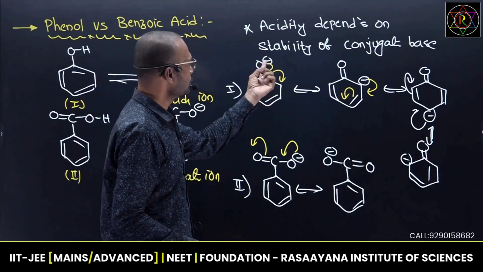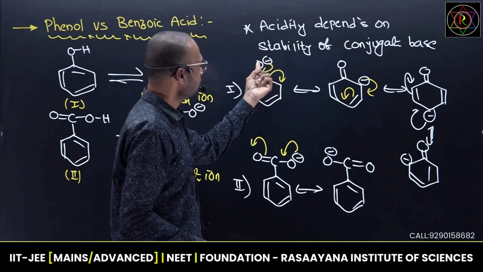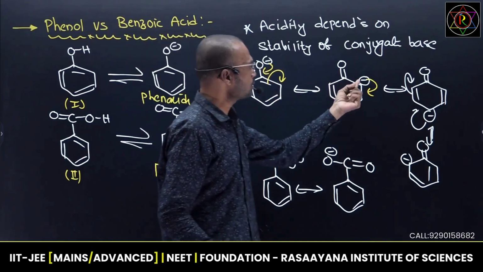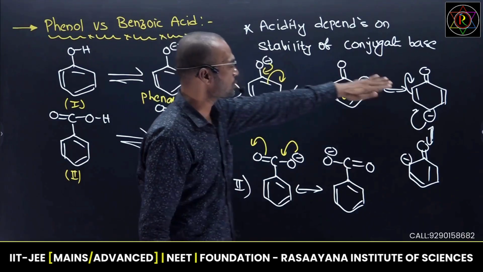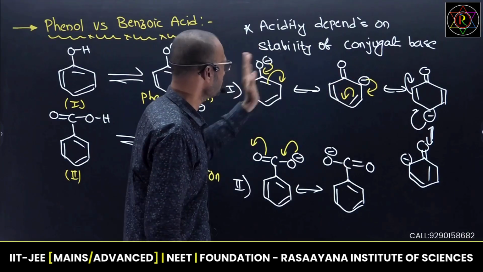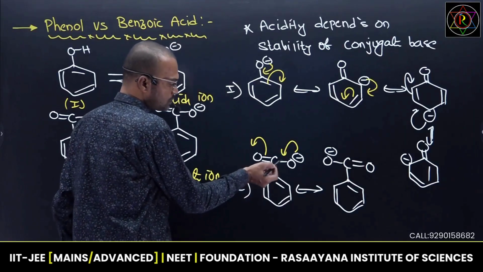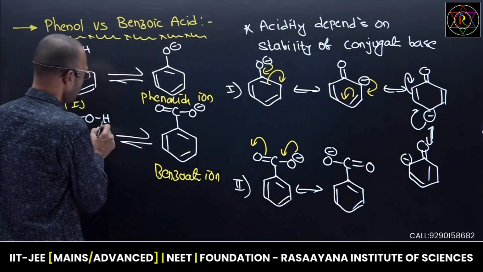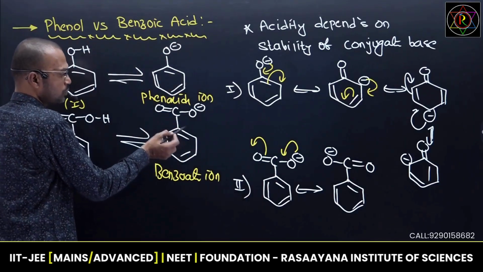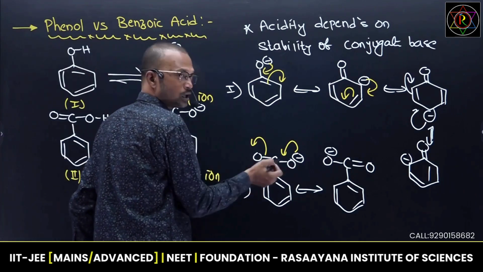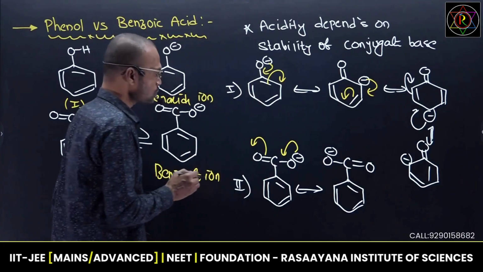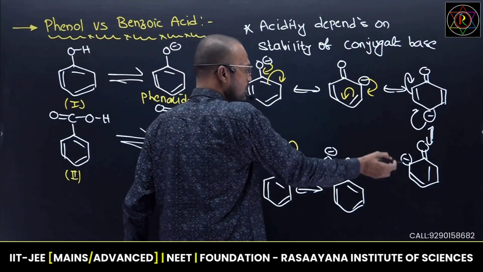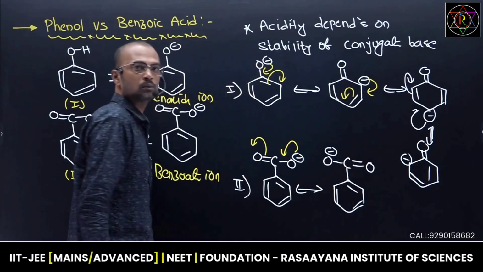But here see, this O minus delocalizing from oxygen to carbon, and this carbon to here and this carbon to here. So almost all with benzene, three resonating structures are expected, additionally with O minus. But in this case, when benzoic acid after losing a proton forms a benzoate ion, it will give only this kind of resonance. Now benzene is not contributing in this one. Okay. So here we are getting more number of resonating structures in phenoxide as compared to benzoate ion.